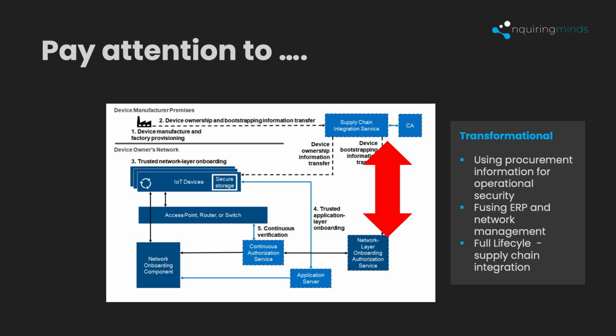There is a relationship between supply chain evidence and manufacturers and the network onboarding component. If you take nothing away from this conversation, try and understand this, because I think this is transformative. It allows you to use procurement information at the point of network onboarding. I think this is a major shift in how we can usefully implement and police trustworthy IoT onboarding.